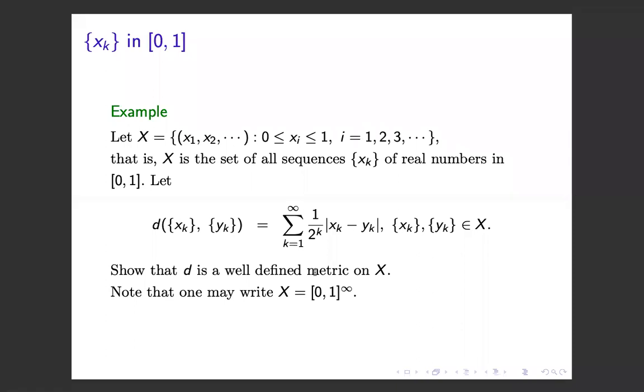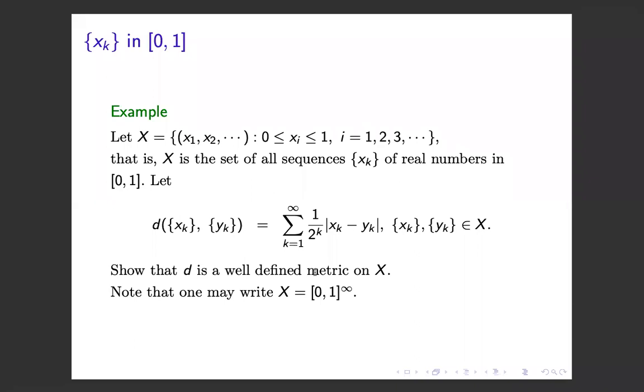Good question. Sir, another question, just out of curiosity: in place of 1 by 2 power k, can we put any probability distribution pk? Don't bring in probability.